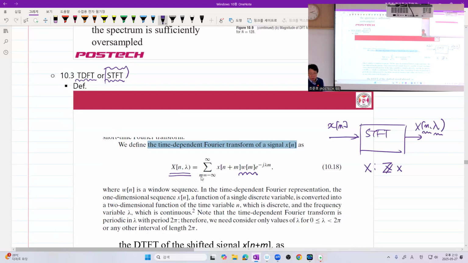Lambda is the discrete-time frequency. So we may limit it to 0 to 2 pi. Of course, it could be any real number, but this period is repeated. And what is the possible value? A complex number at each pair of n and lambda. Ready? By the way, this is called the Cartesian product.